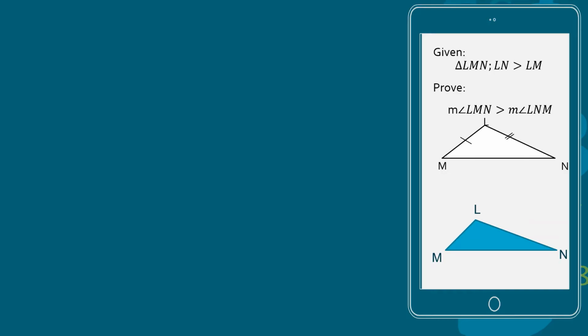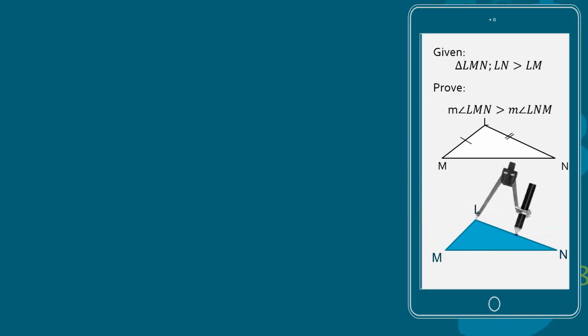To prove that, we need to make additional construction. So ilalagay natin yung compass point sa point L with radius LM. And then we are going to mark a point P on LN.